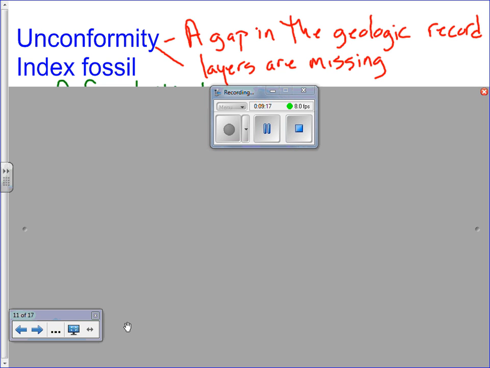Unconformity, I think it's kind of an annoying word, but basically it's saying it doesn't conform, it doesn't match. And so it's not necessarily going to follow the rules of superposition because something has disturbed it. So a gap in the geologic record, layers are missing, and they could have either been eroded away or they never formed.